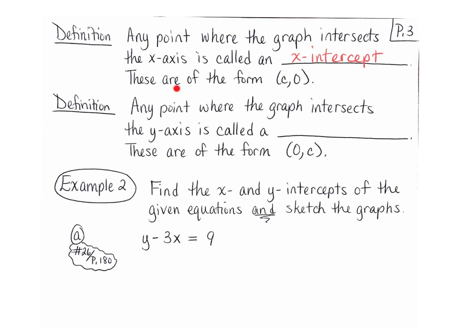And these x-intercepts are of the form c, 0, where c is a number. So for example, if you have your plane here and you have this line, this point here is the x-intercept. And if we call this negative c, that would be negative c, 0.